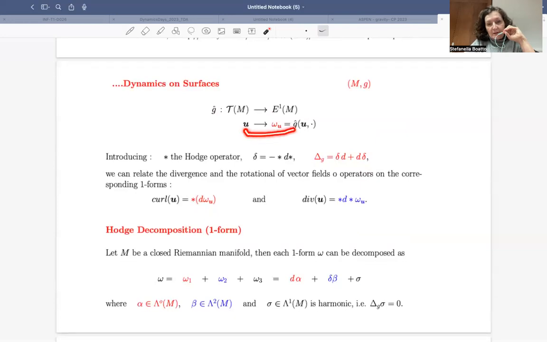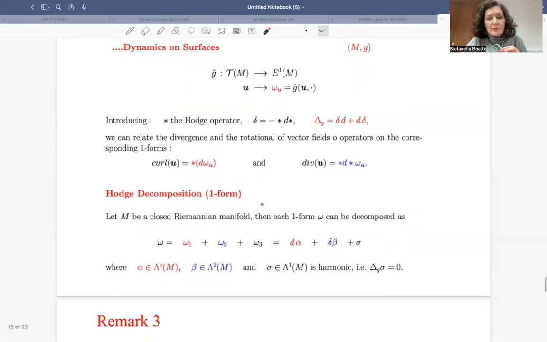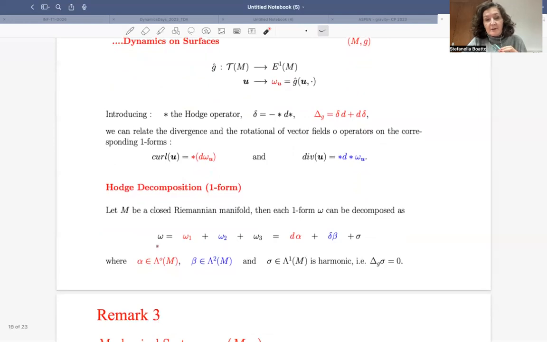We can associate it through the metric to a one-form field, and everything can be formulated geometrically through a Hodge operator, and this is how we rewrite the Laplace-Beltrami in a totally general way, independent of the choice of coordinates. So the Hodge decomposition theorem also has a similar version in differential forms, where those are differential forms, and this once more is the harmonic part.